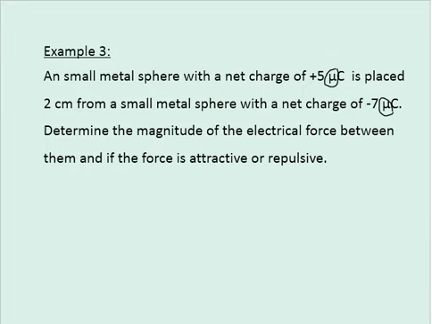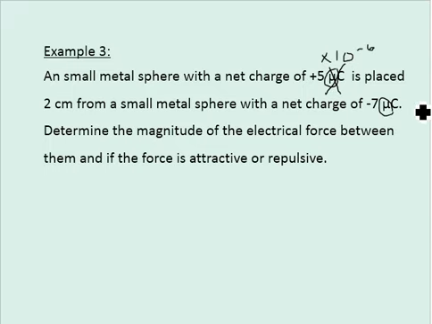Now, the microcoulomb, you have to remember when you put the charge into the Coulomb's law, it has to be in coulombs in order to cancel out that coulomb in K, the constant. So as a result, I'm going to tell you, a micro is just 1 times 10 to the minus 6. So for ease of use, just do this. Cross out the micro and replace it with 5 times 10 to the minus 6.